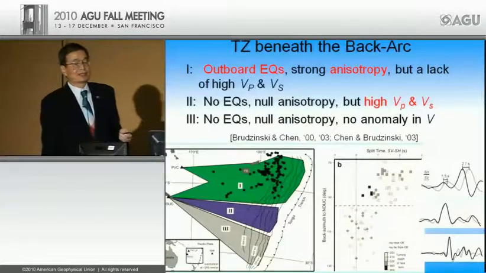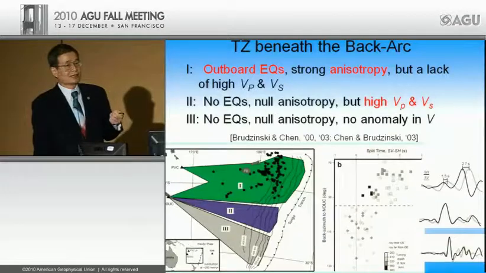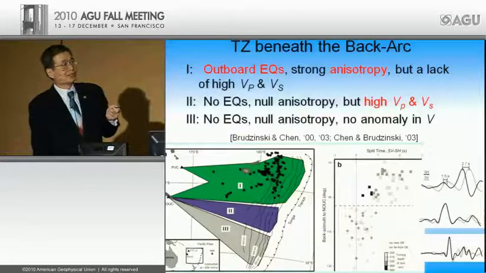This slide pretty much summarizes all the results in the Tonga, Fiji region. The black dots are the outboard earthquakes, and they are recorded by up to 12 stations of the French Cavascope broadband seismic array over here.